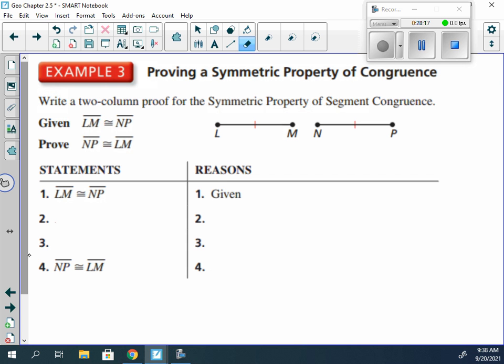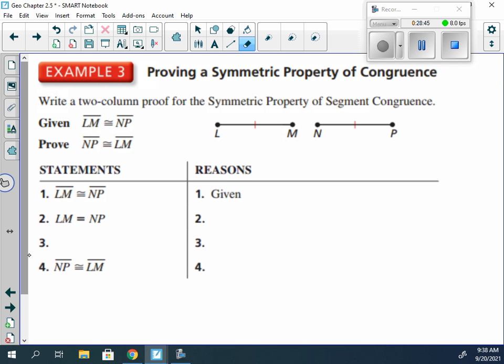The line segment NP is congruent to line segment LM. So they first told us that LM is congruent to NP, yes? Well, what do we know about two things that are congruent? They are equal. So LM is equal to NP.